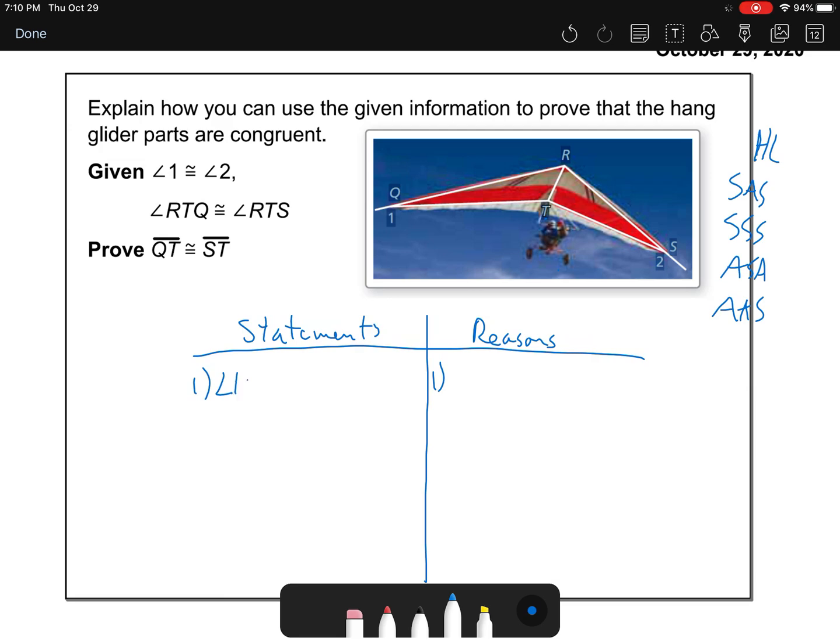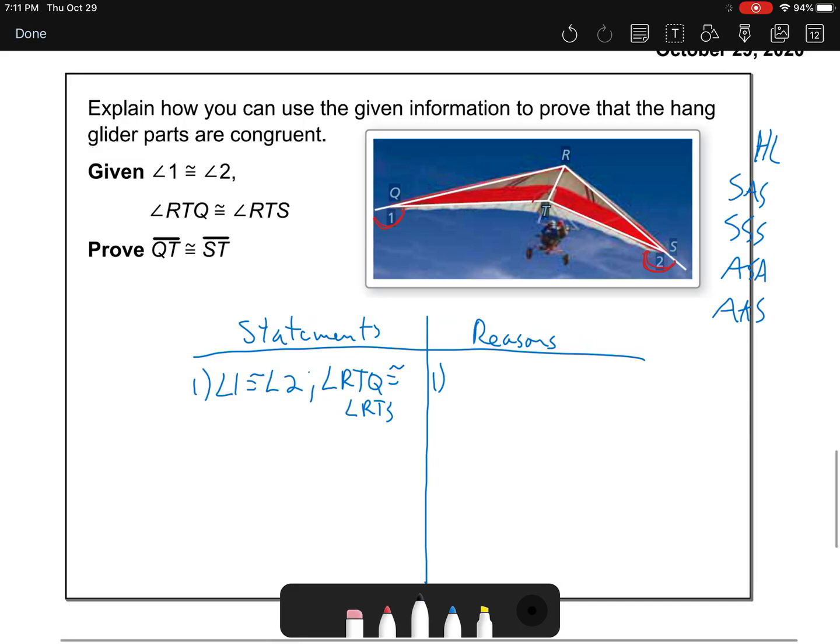So the first thing we're going to do is write down the given and mark it. It says angle 1 is congruent to angle 2. Now that's on the outside. All right. Okay. What else does it say? Angle RTQ is congruent to angle RTS. So let's mark that. RTQ. Oh, I'm going to have to do a different color.